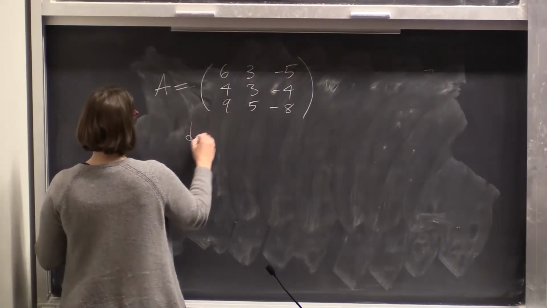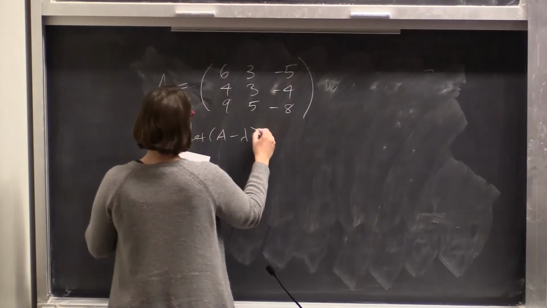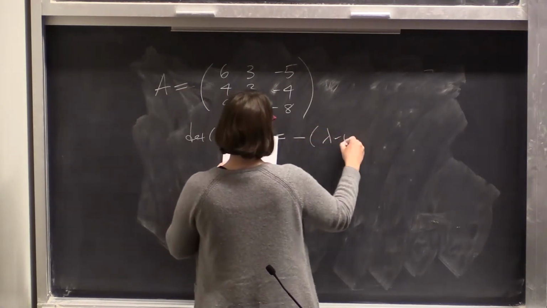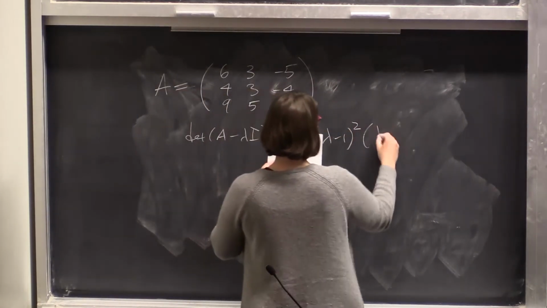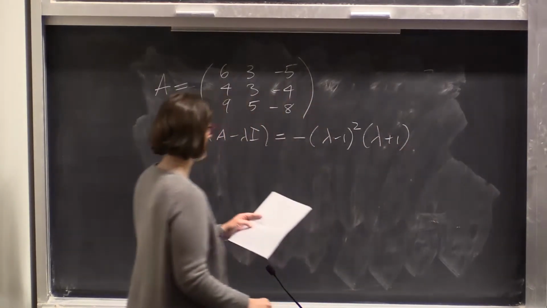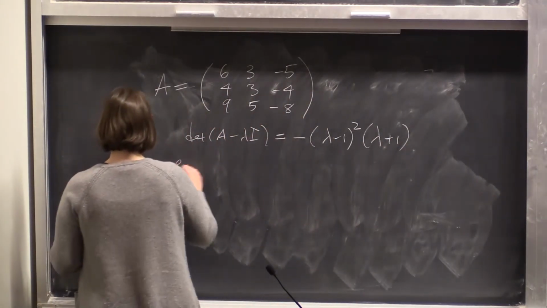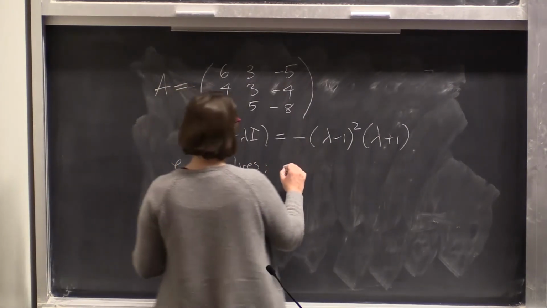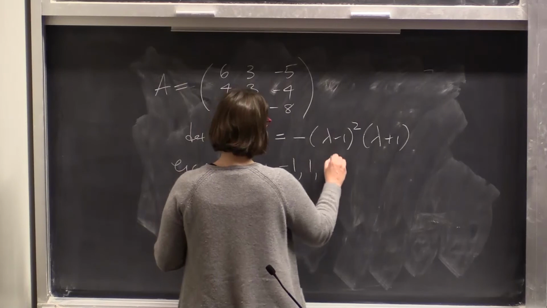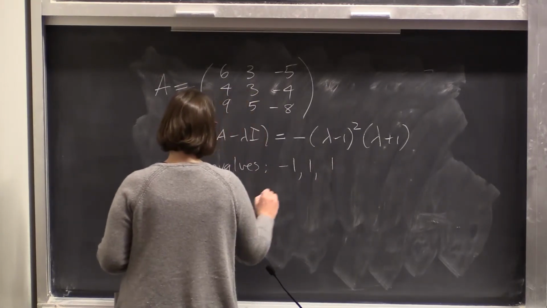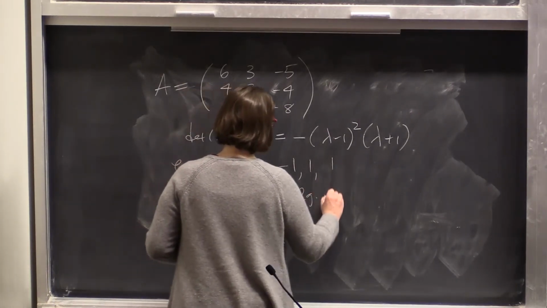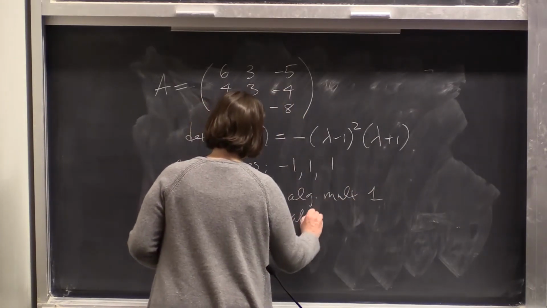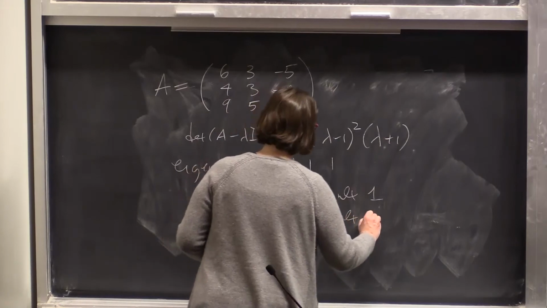I get that the determinant of A minus lambda I is equal to lambda minus 1 squared times lambda plus 1. The eigenvalues are minus 1, 1, and 1. So minus 1 with algebraic multiplicity 1, and 1 with algebraic multiplicity 2.